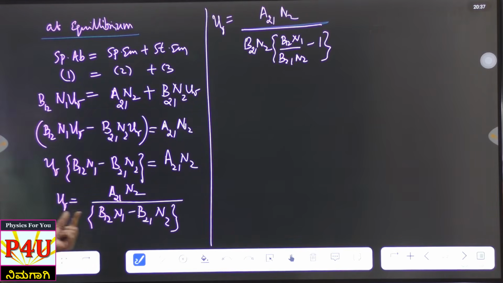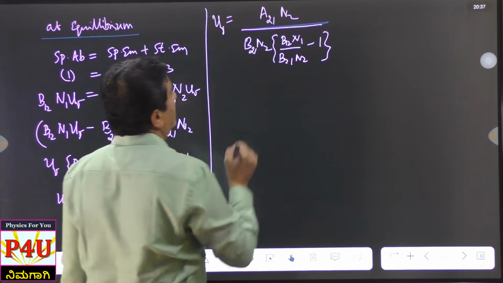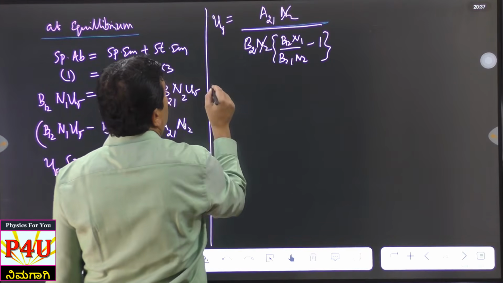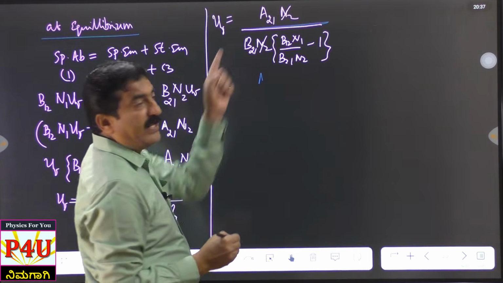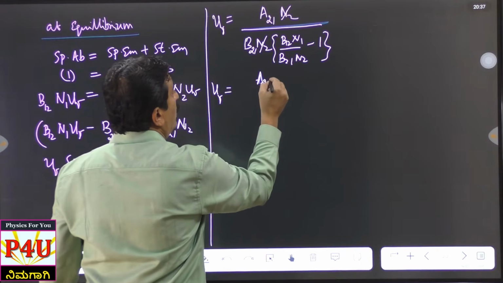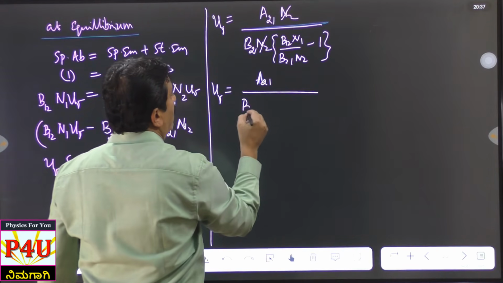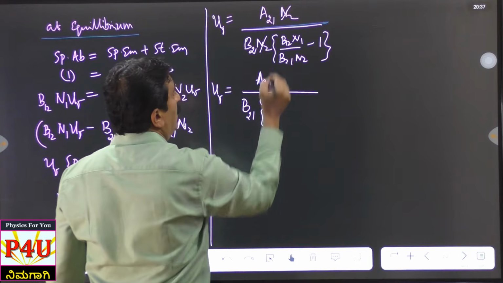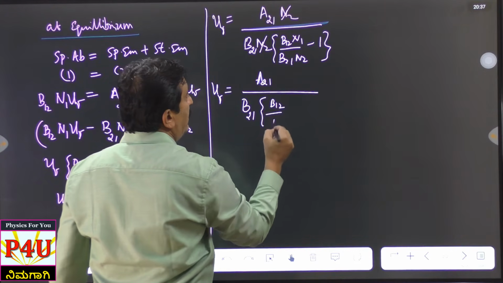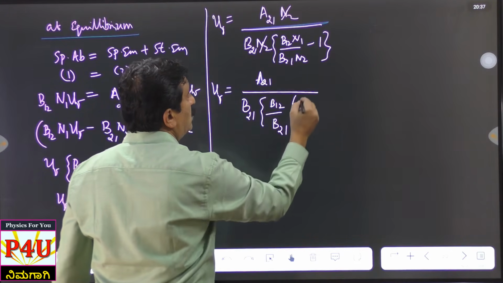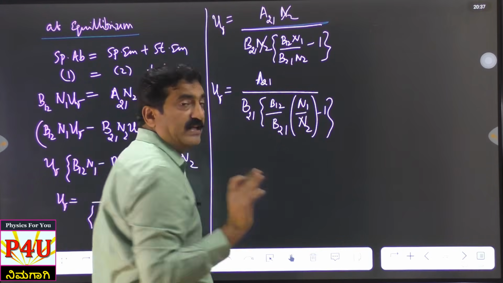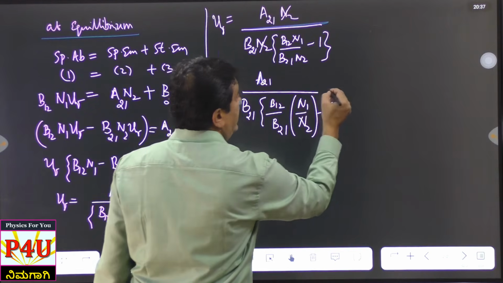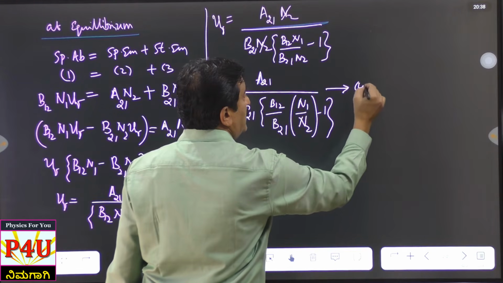When I take it outside, this has to be divided by that, otherwise it cannot be taken as a common factor. Next, cancel n2 and n2. So now u gamma is equal to, in the numerator only A21, and in the denominator B21 into B12 divided by B21 into n1 by n2 minus 1. Is there any problem if I write like this? I don't think there is any problem. So I call it equation number 4.